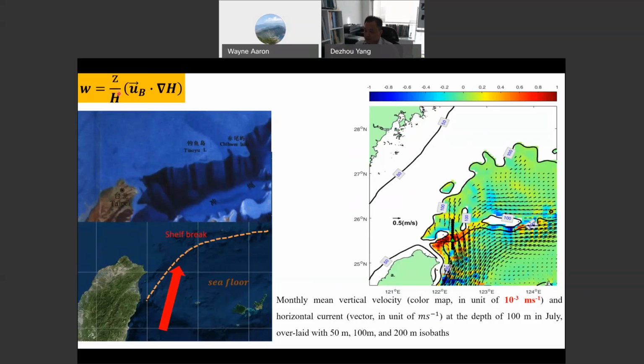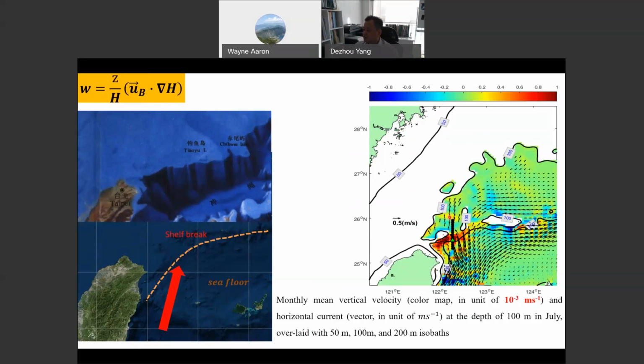It means there is a very strong upwelling. This upwelling will linearly decrease from the shelf break to the sea surface. At the sea surface, z is 0, so the vertical velocity is 0. At the shelf break, z equals h, so it equals this term at the sea floor.